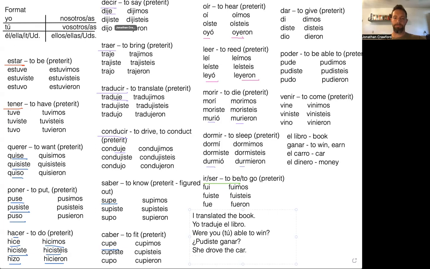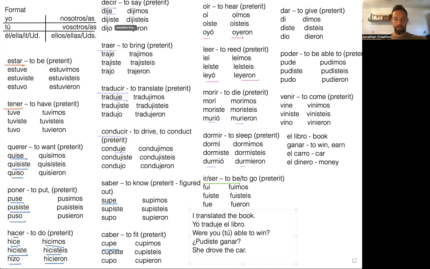How do you say she? Ella. It's up here. It's one of the subject pronouns. Remember, this is the first thing you want to learn in any language, especially Spanish. Everything revolves around this format, the subject pronouns.